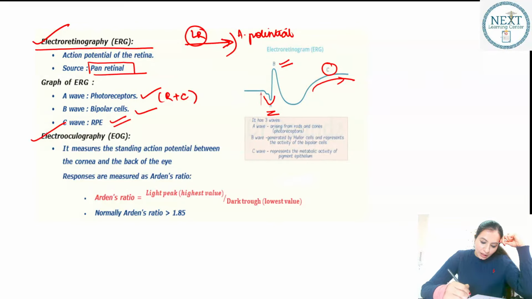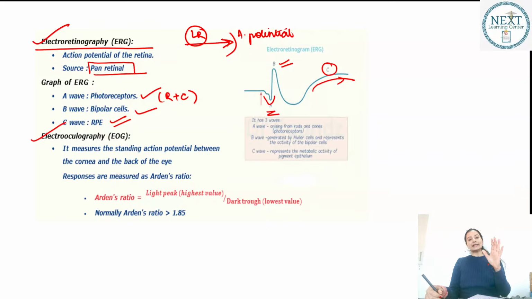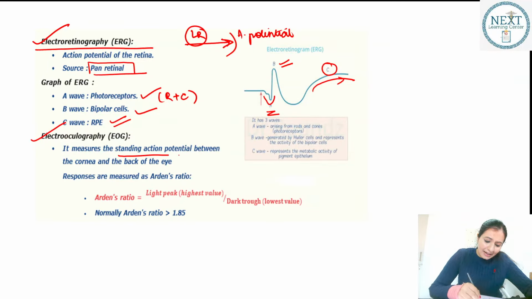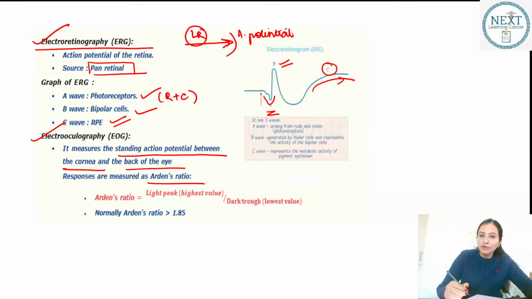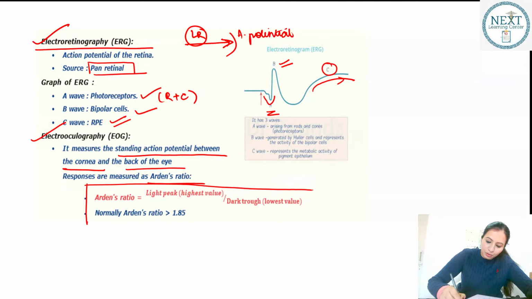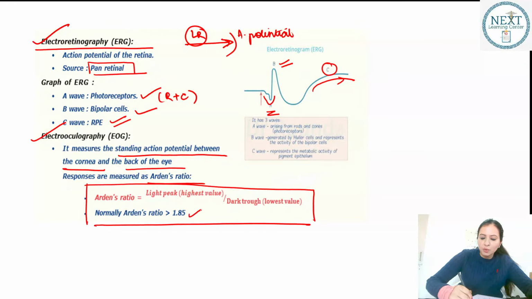Then you have EOG. What is EOG? It is another investigation that measures the standing action potential between the cornea and the back of the eye. It is measured in the form of Arden's ratio, calculated as light peak to dark trough. Normally it is more than 1.85 or 185%. Another thing is VEP. What is VEP?